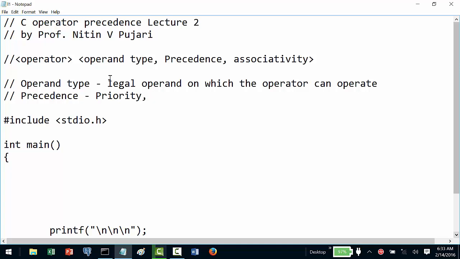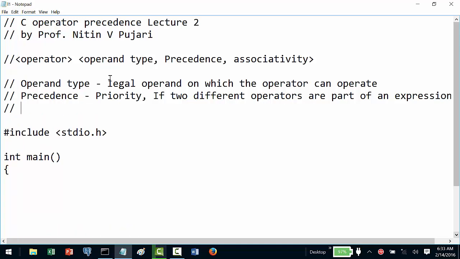So it means if two different operators are part of an expression, they get evaluated based on the operator priority.